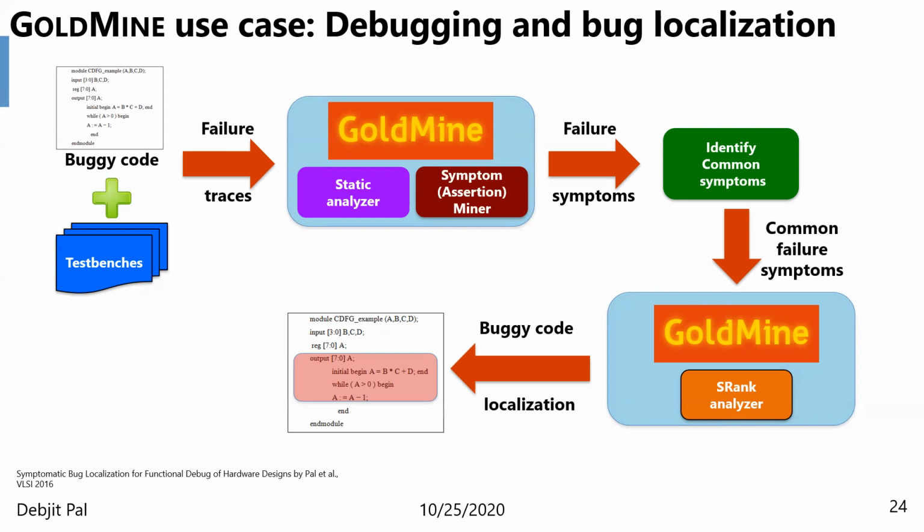Once we have failure symptoms for multiple failure traces, we find the common symptoms across multiple failure traces. Then we use the SRank analyzer to find the statements that are covered by those symptoms. We propose that the statements covered by those symptoms are most likely the buggy code that needs to be further investigated.